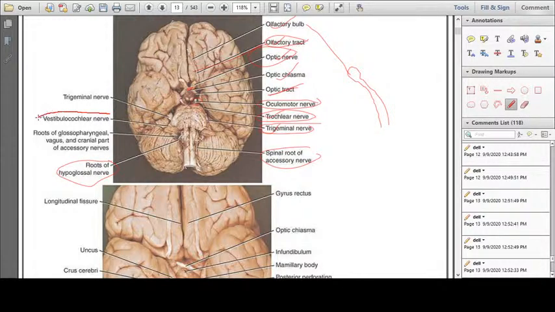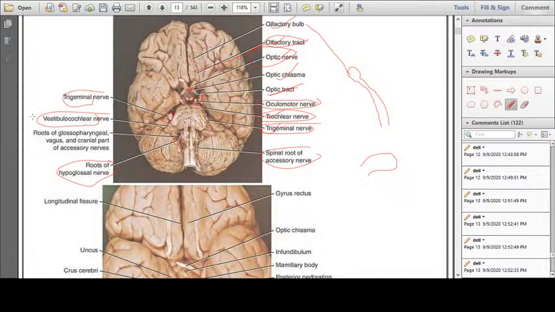This is the vestibulocochlear nerve. This one is the trigeminal nerve. Root of the hypoglossal nerve. Glossal just means the tongue. Vestibulocochlear, vestibule and cochlea, we could always break down the terms.